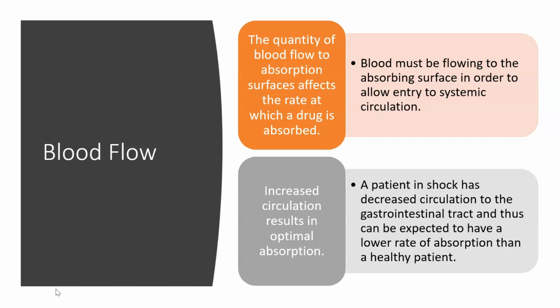If the part of the bowel is gangrenous and dying versus inflamed, inflamed has increased circulation versus dead has no circulation. So you have to look and weigh out how you're going to administer the drugs, especially if a patient is coding.